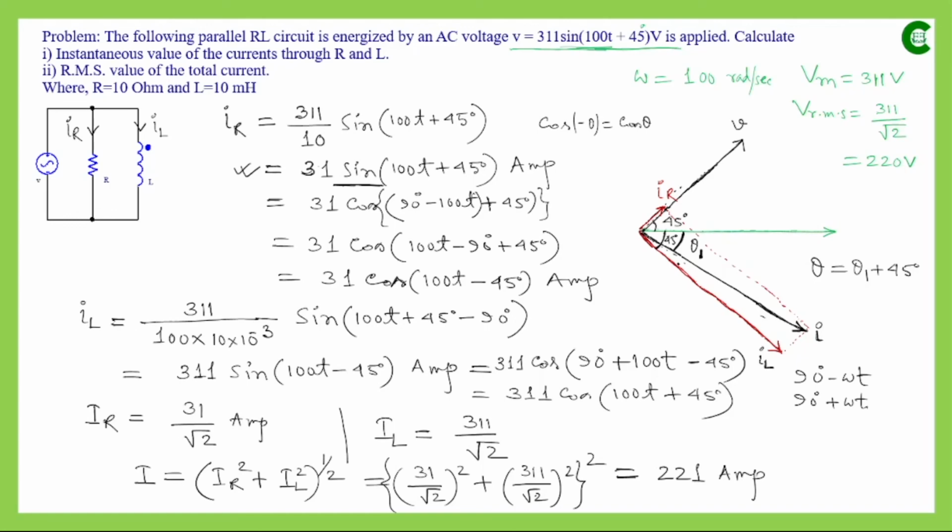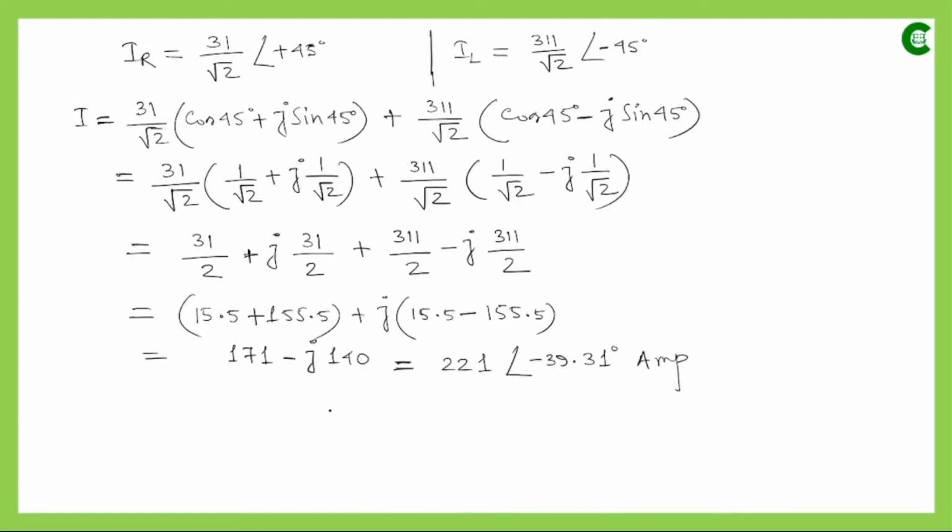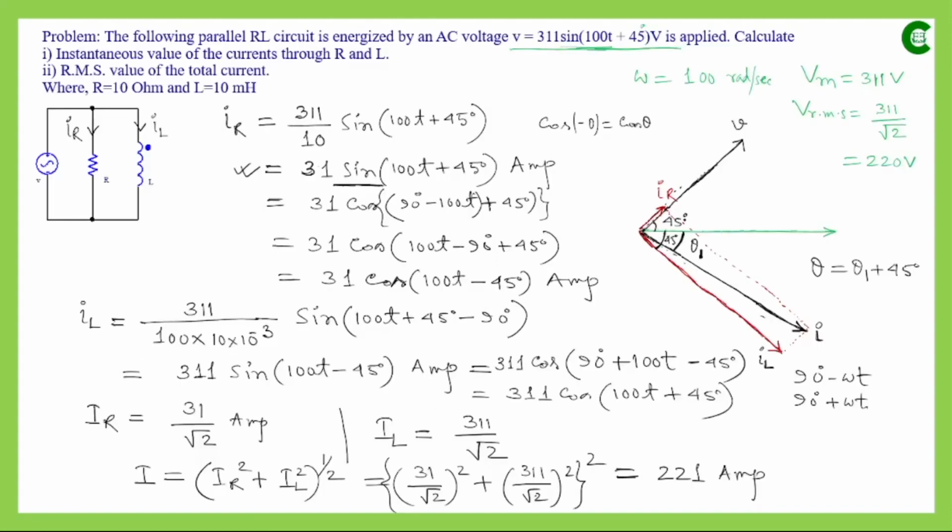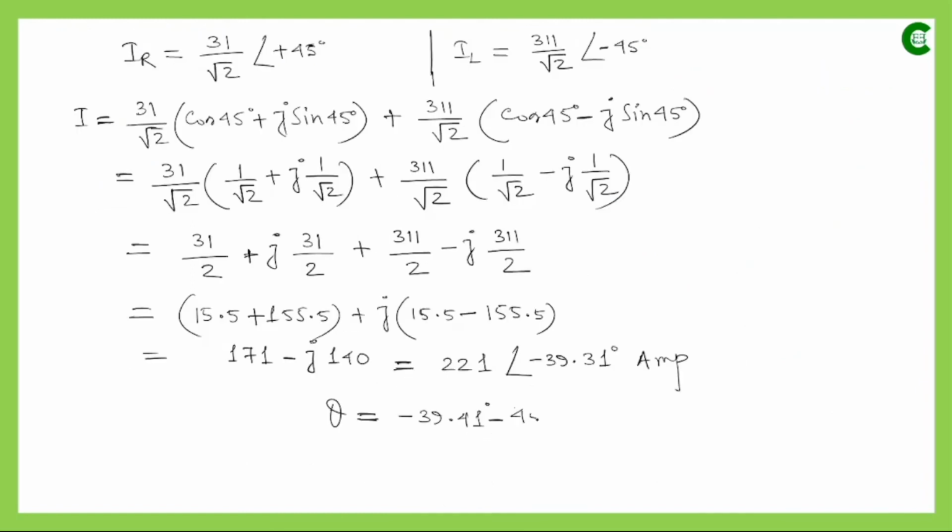So this theta 1 is minus 39.31, and if we want to get the phase difference between the total current and applied voltage, then it will be minus 39.31 degree, which is theta 1, and again V is already phase lagged by 45 degree, so it will be minus 45.